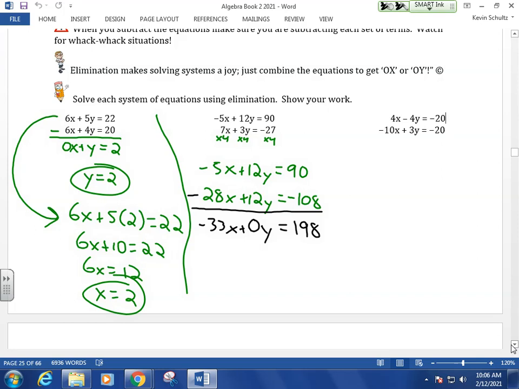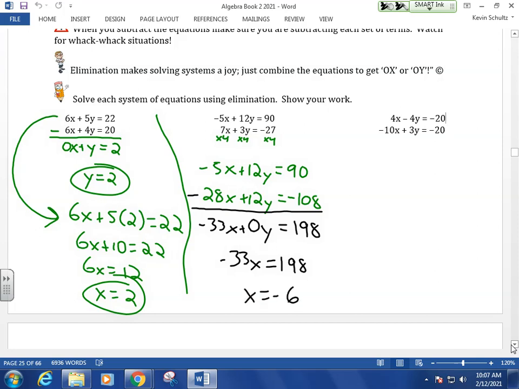Okay? So that 0y serves the purpose that we can eliminate it from the equation. And so we have negative 33x equals 198. Divide both sides by negative 33, and what do we get as a value for x? Negative 6. That sounds about right.